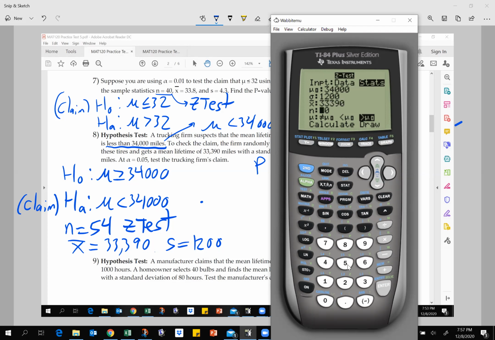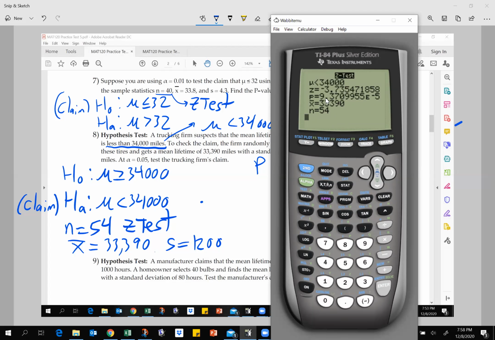Our sample size was 54. And this was a left-tailed test. The alternative was less than. So we need to move over, highlight less than, hit enter to get that highlighted. We can now go ahead and calculate. We run our test, and we get a p-value like this.